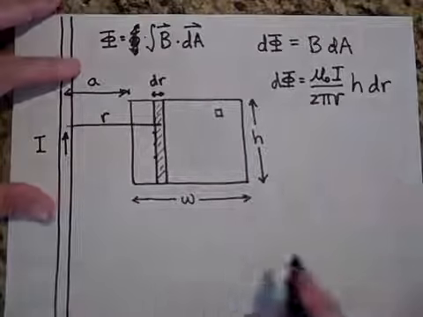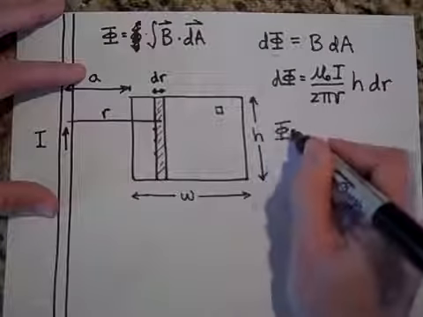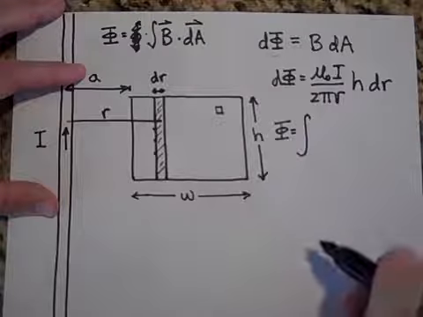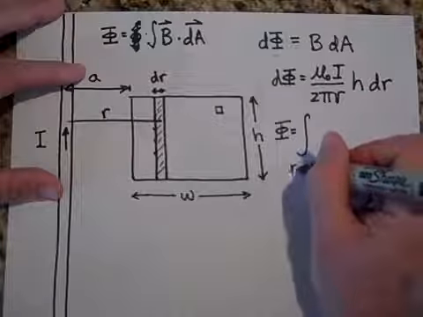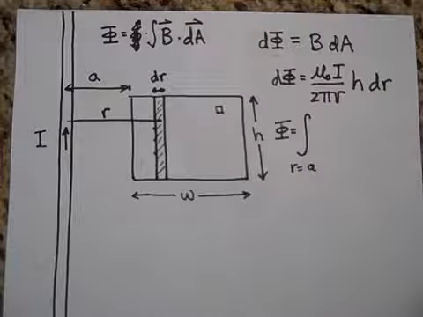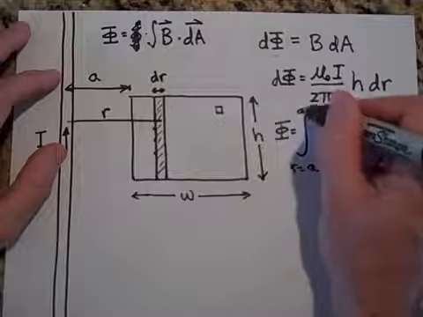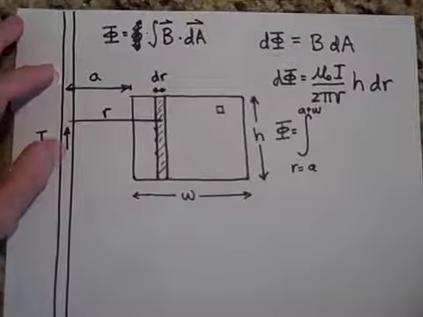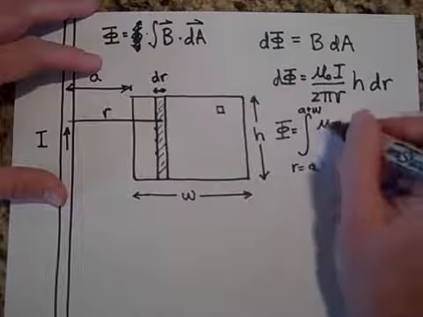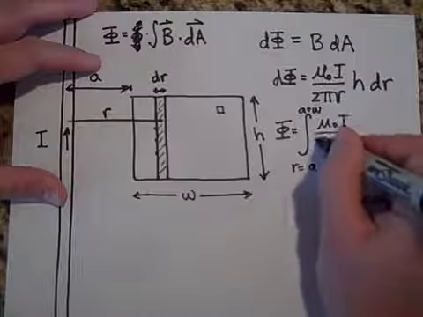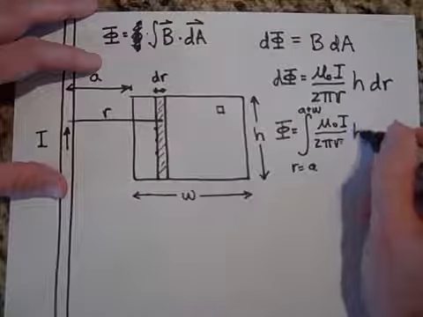The total flux is going to be the sum, starting at r equals a and continuing till r equals a plus w, of mu naught I over 2 pi r times h dr. Now I'm not just summing up the flux through one rectangle, but the flux through all of the rectangles.